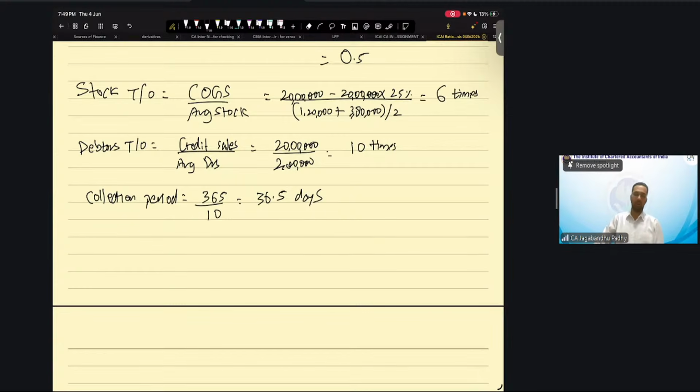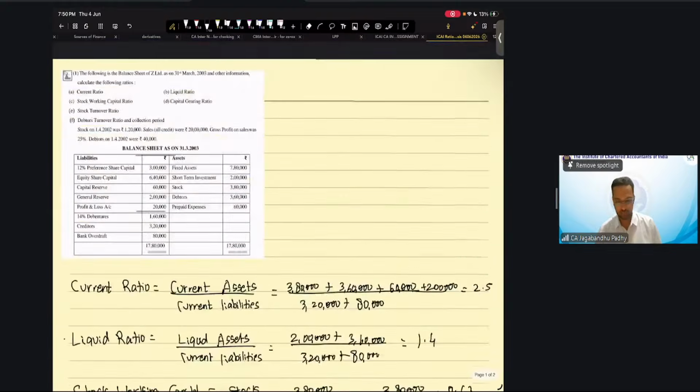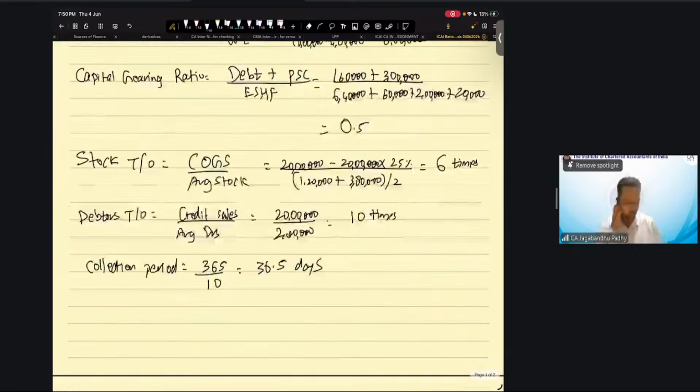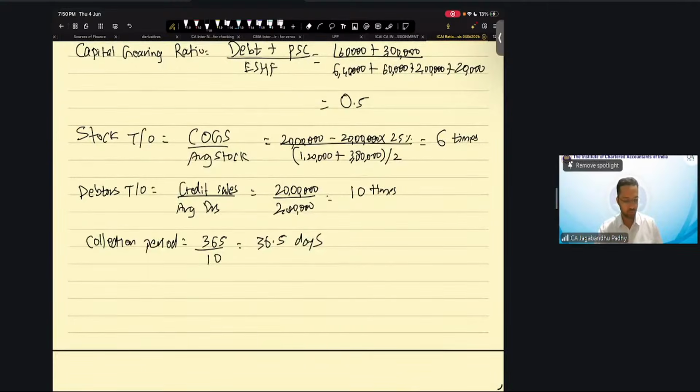Because in a year, you're having a turnover of 10 times, so obviously each cycle is going to be 36.5 days. Okay, done guys? Fine. Are we clear how to calculate the ratios?